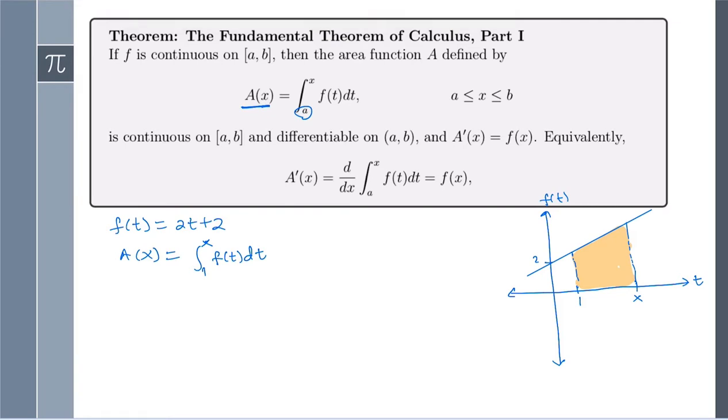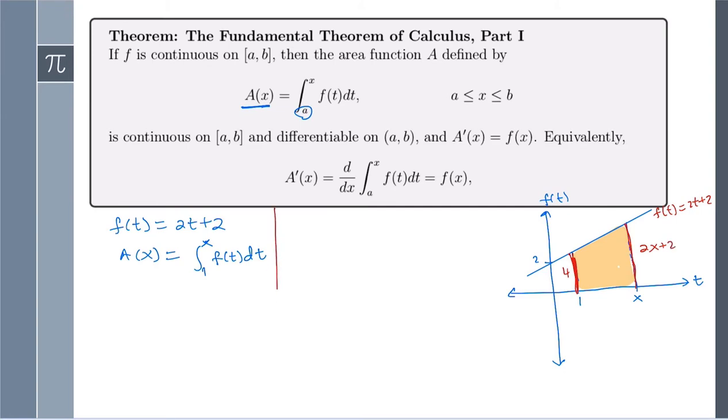The length of this side is, if you plug 1 into the function f of t equals 2t plus 2, we get 4. That's this height here. And this one right here, if I plug in x, I get 2x plus 2. So that's the length of this side.